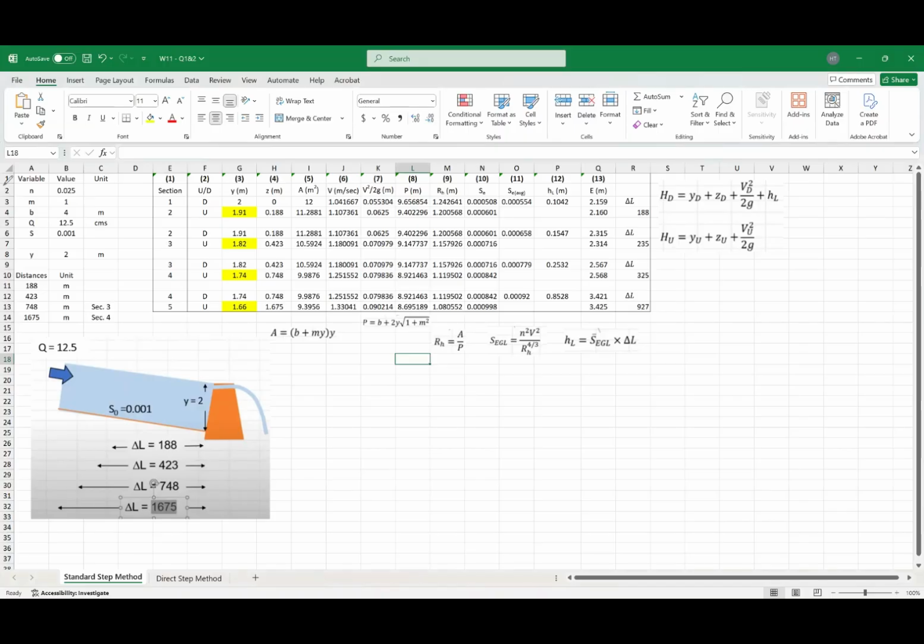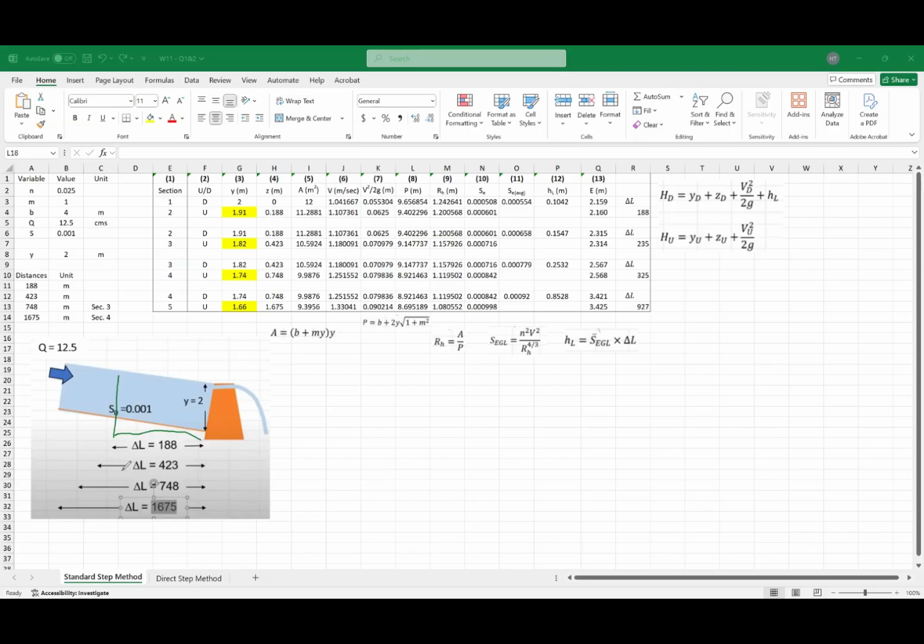So I'm going to use this shape to better explain what we found. As I mentioned, the first depth just downstream of the first section is 2 meters. First of all, we calculated the water depth at this section, which was found as 1.91.